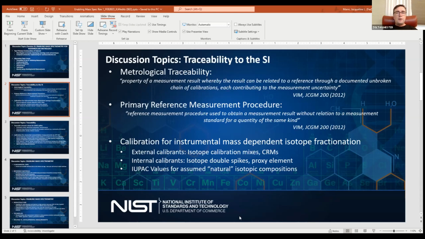Sure, excellent discussion. I would like to add one consideration on the traceability concept, along with thinking of this chain concept, that measurements or calibrations are linked back to some initial point. Along with that concept, we also have to constantly carry the uncertainty concept.